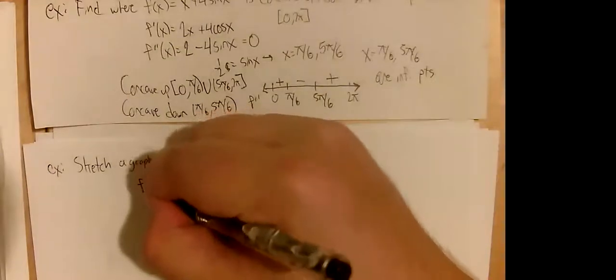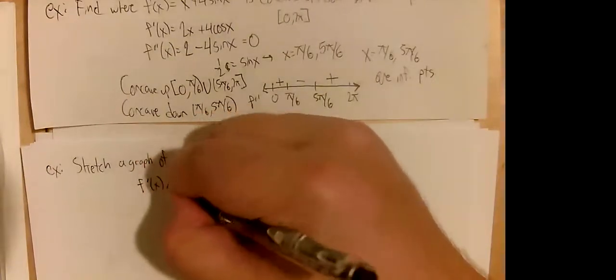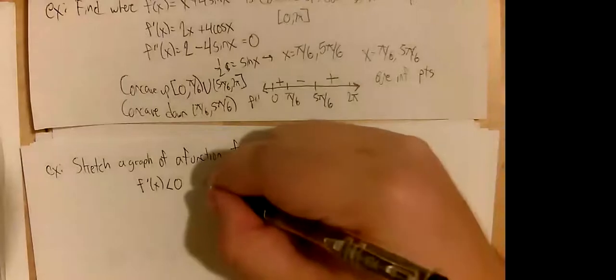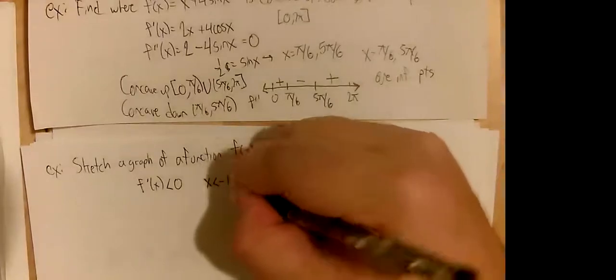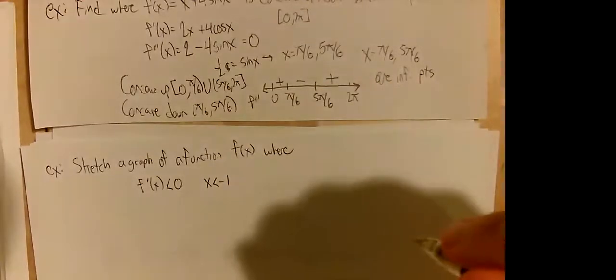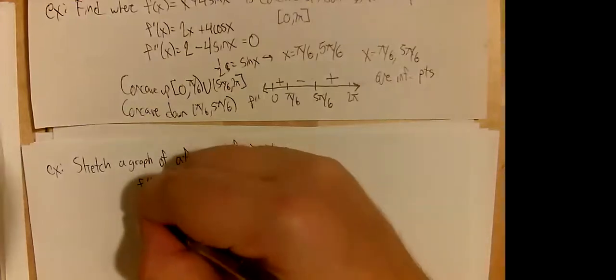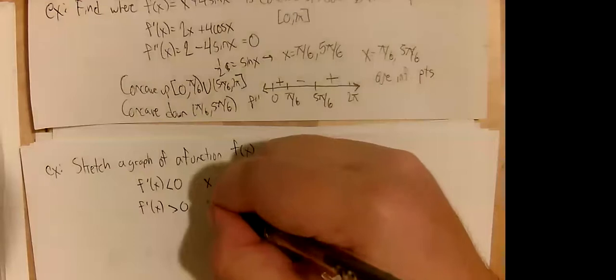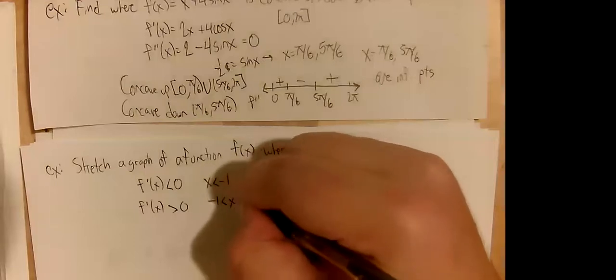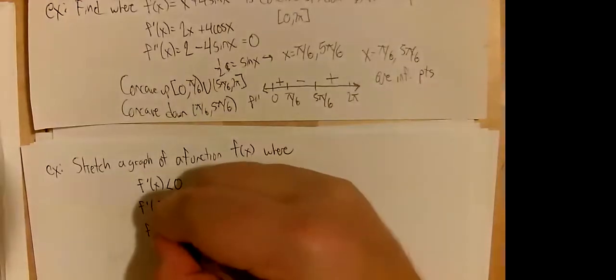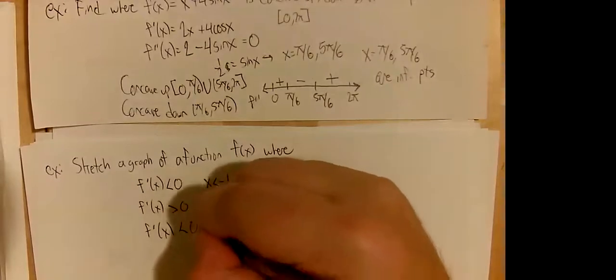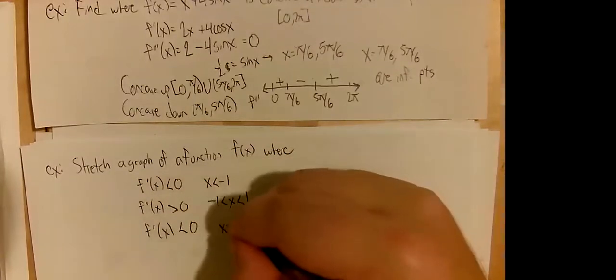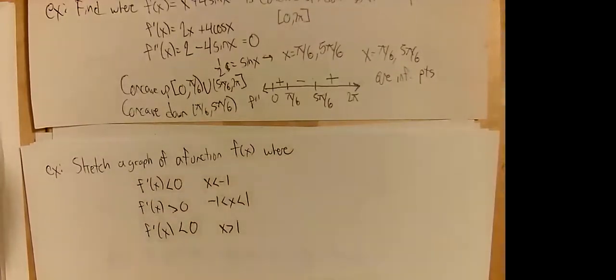So f prime of x is less than 0 when x is less than -1. F prime of x is greater than 0 when x is in between -1 and 1. And f prime becomes negative again after x exceeds 1.